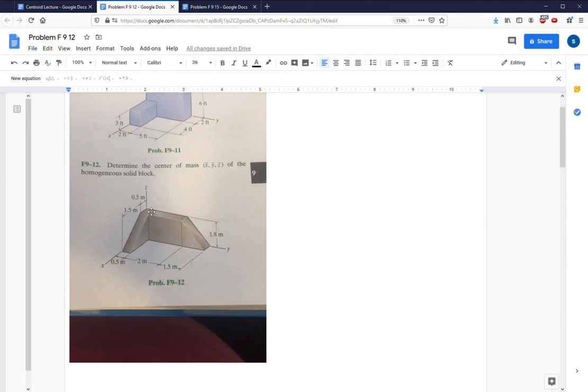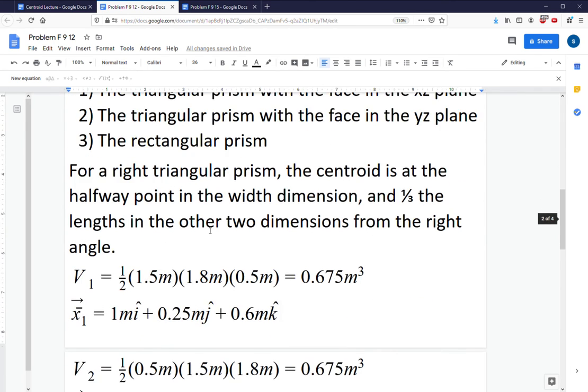For this triangle, the x is now the width, it's a 1/2 meter wide, so the x component is 0.25 meters. The y component is 2.5, that's this distance, plus 1/3 of this length, so 2.5 plus 1/3 of 1.5, or 3 meters in the y direction. And in the z direction, it is also 0.6.